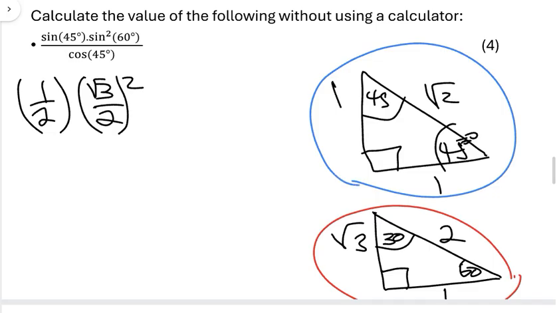So again, let's move to the denominator. Cos of 45 degrees is adjacent, which is 1 over square root 2, right?